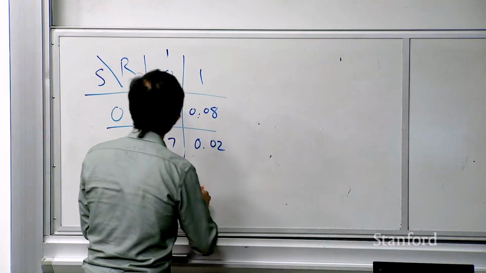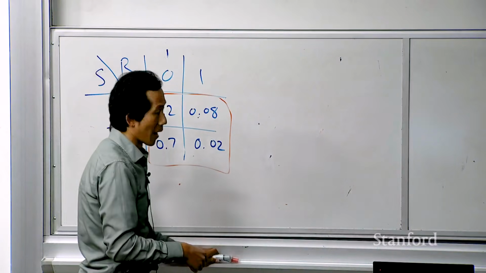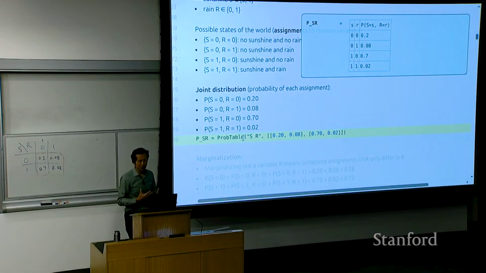This matrix or tensor, as we'll see later, represents the joint probabilities.